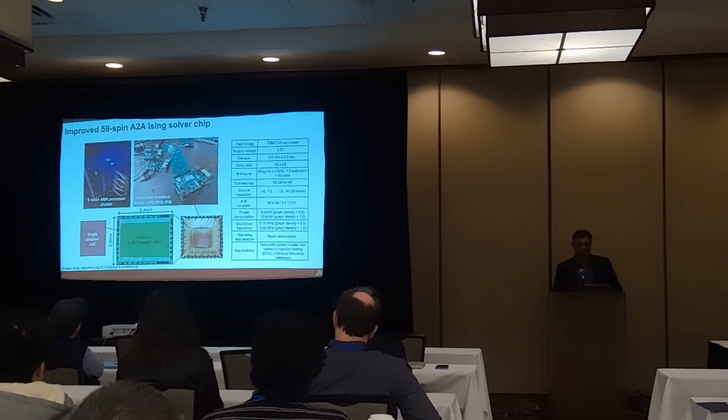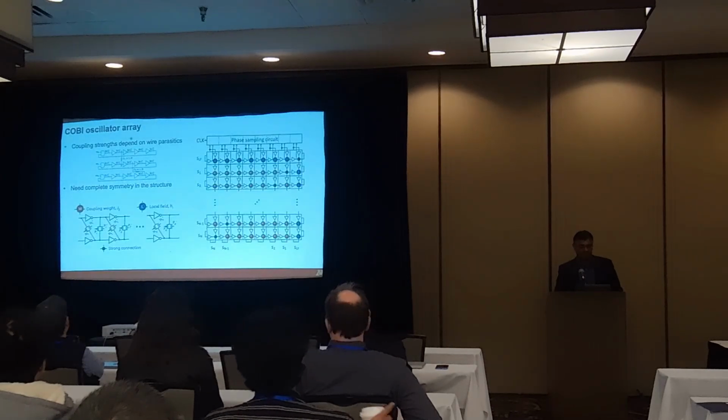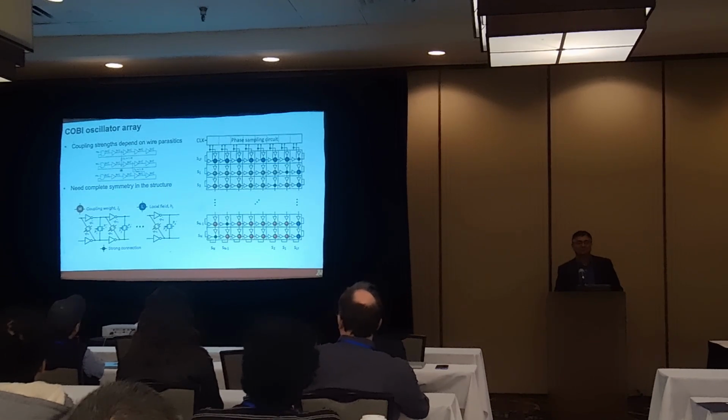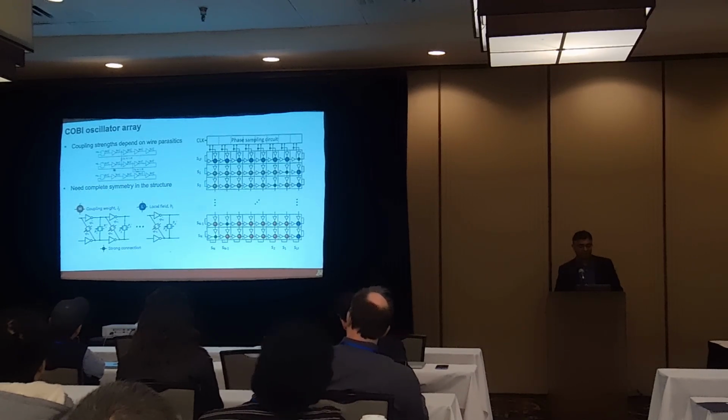The improved model was a 59-spin Ising solver. The one over here used these transmission gates, and the problem with transmission gates or resistors is that there's going to be static power dissipated in all of these. If this is connected here, if this is high and this is low, then there's going to be static power dissipated here.